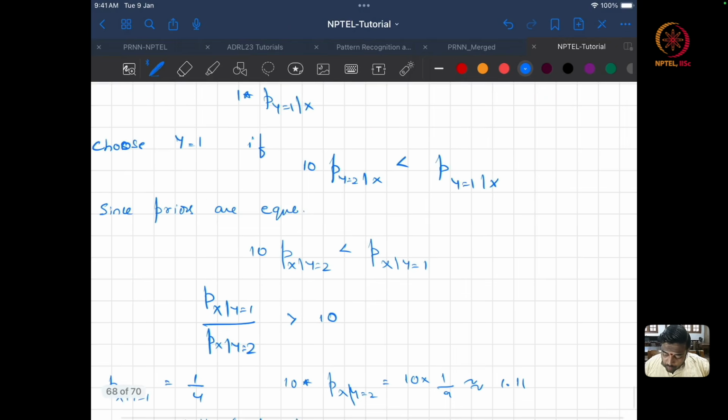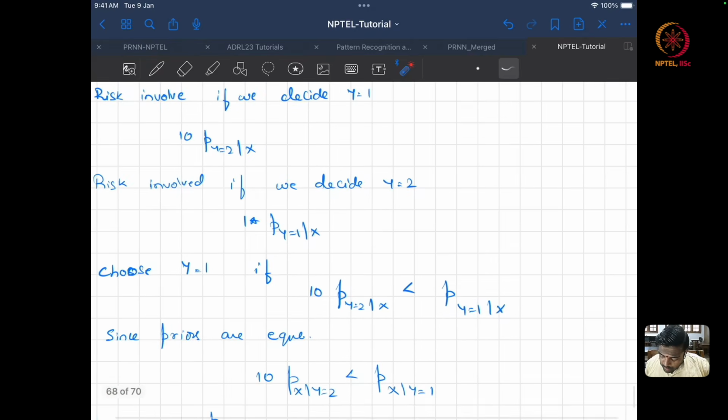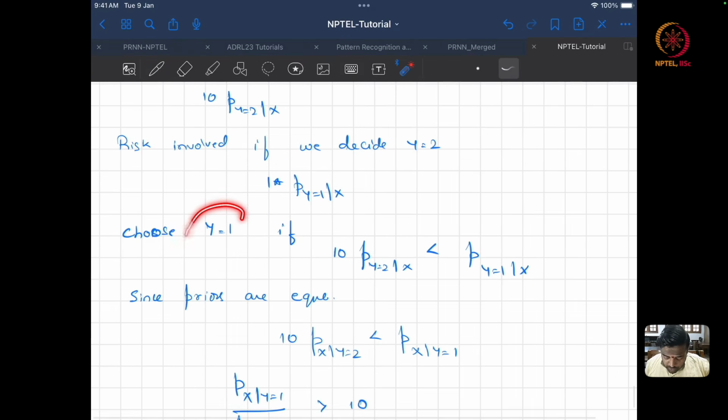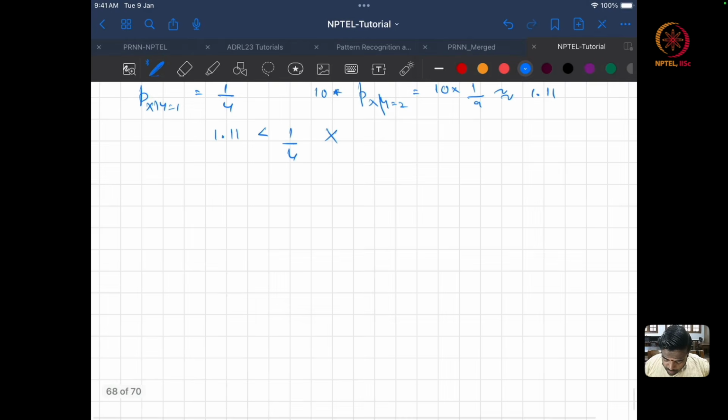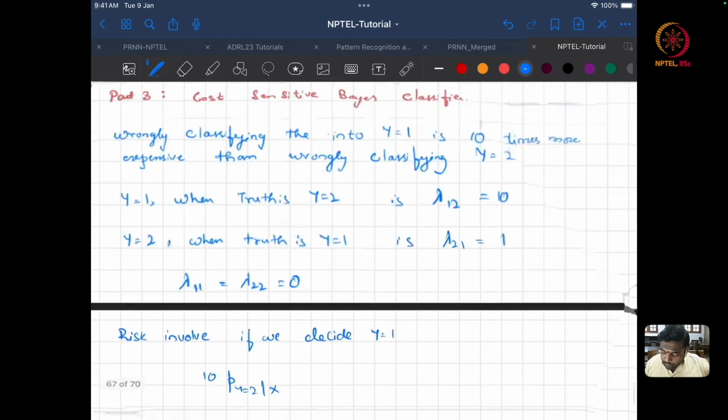That means that in the overlap region, you cannot choose y is equal to 1. In the overlap region, you have to choose y is equal to 2. Therefore the condition is false, which implies in the overlap region, decide y is equal to 2.